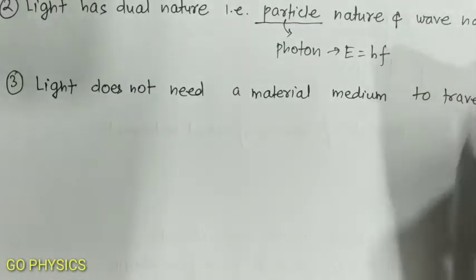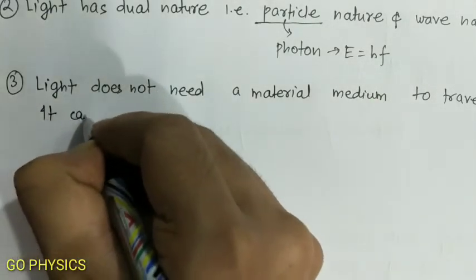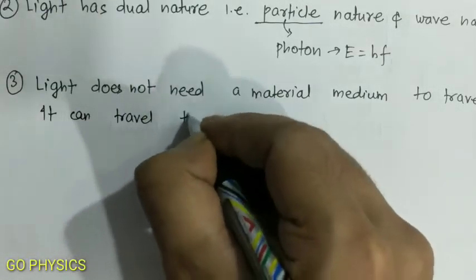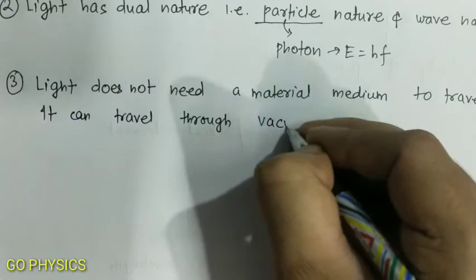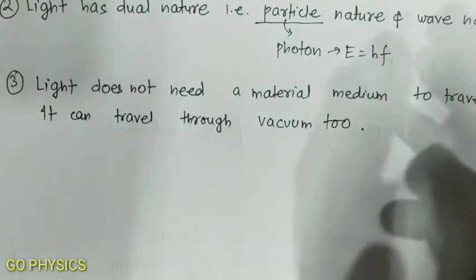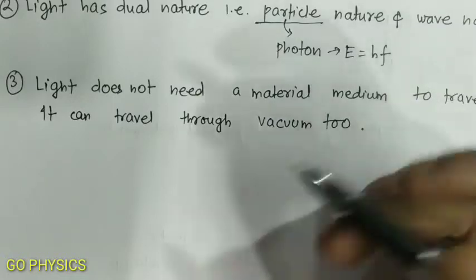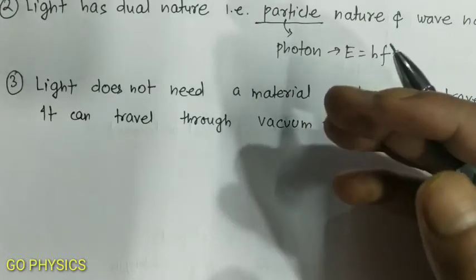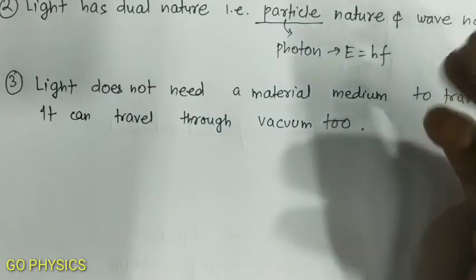That is, it can travel through vacuum too. Unlike mechanical waves, light is an electromagnetic wave, and an electromagnetic wave does not require a material medium. It can travel even in vacuum, that is in free space.